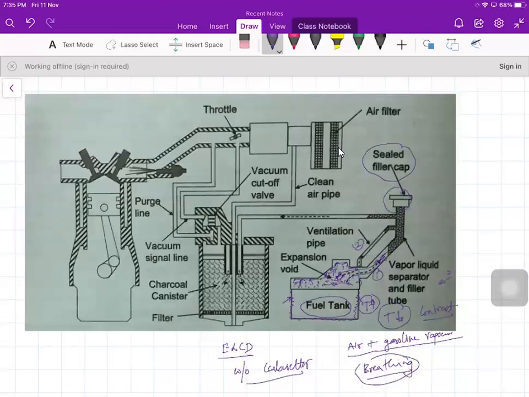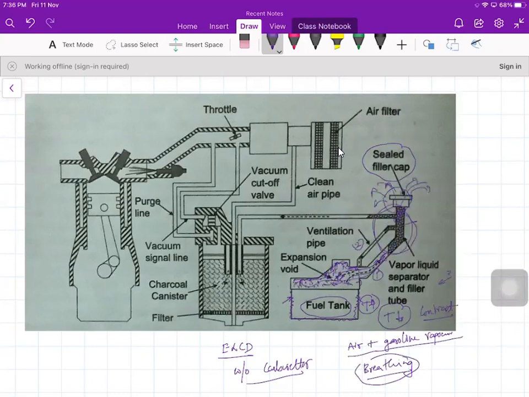The vapor which is settled here, because of the increase in temperature, once it gets opened, the gasoline in vapor form comes out, right? So once this is empty, again the fresh air enters and occupies the place here. Okay, so that is how your fuel tank is contributing to the evaporative loss.